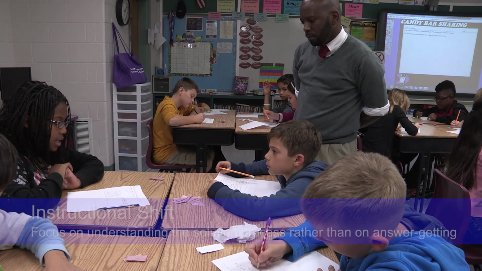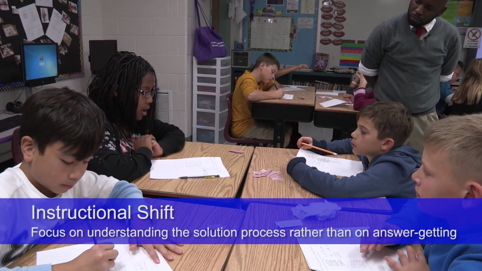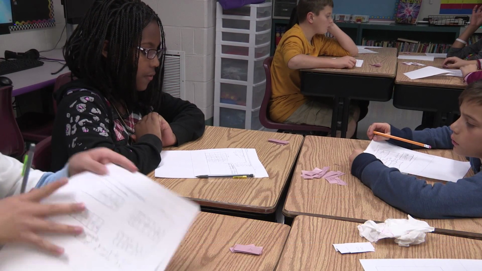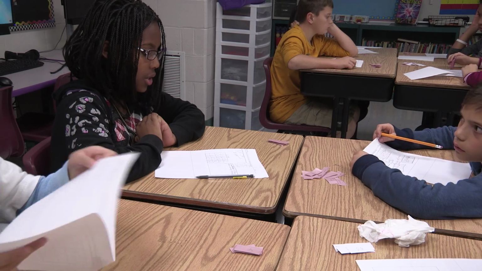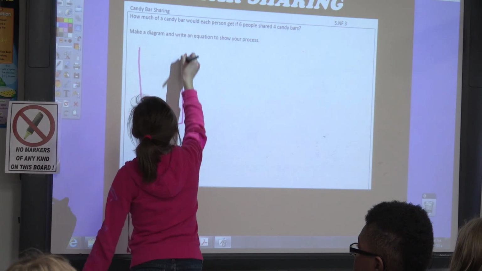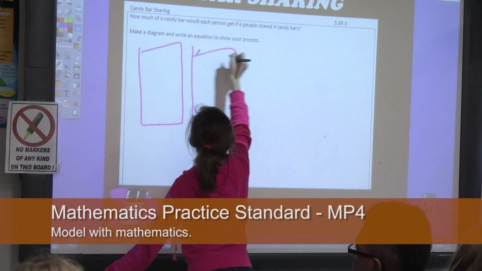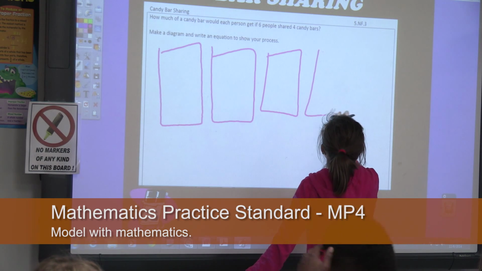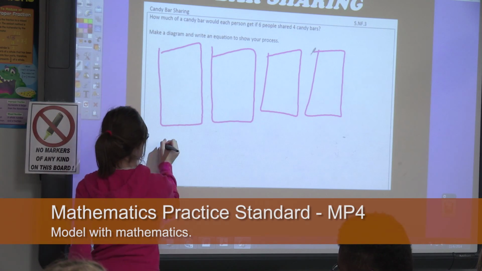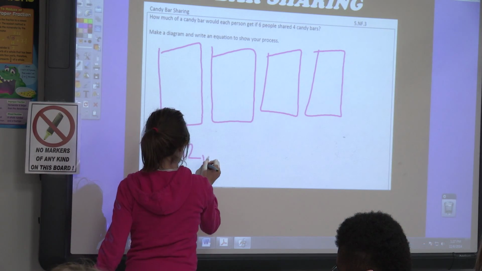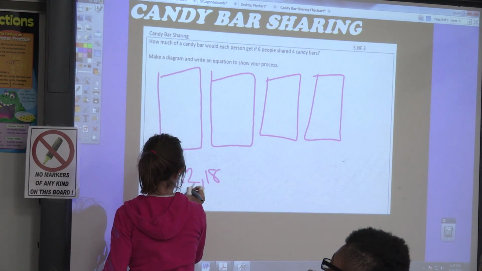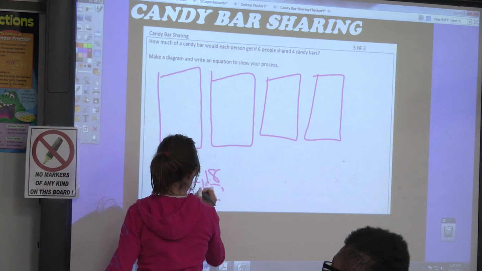I multiplied 6 times 4 to see how many together I would have. And then I did 24 divided by 6 to find out how much I should give each person. And then I drew my diagram. Whereas I drew 4 boxes. And there's 6 people. So on the bottom I did the factors of 6, and I did the factors of 4. And then I got 12.